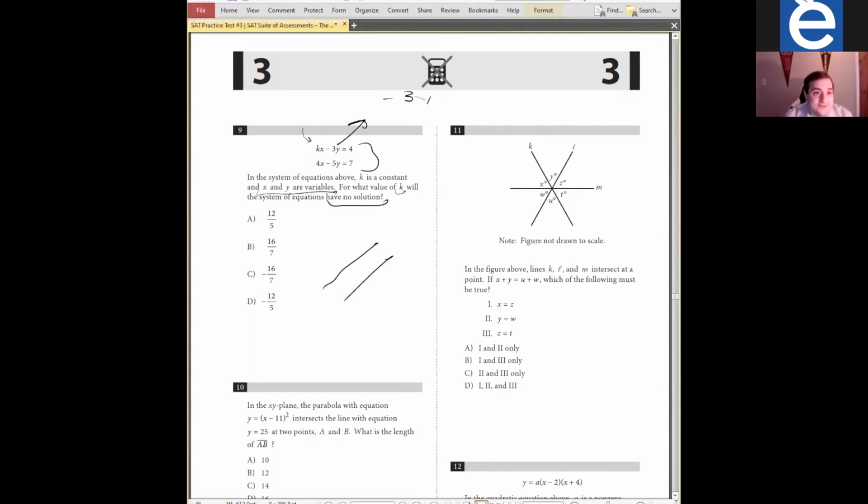So negative 3y is equal to negative kx plus 4. y is equal to k divided by 3, x minus 4 over 3. So that's one of our equations. And then our other equation would be negative 5y.